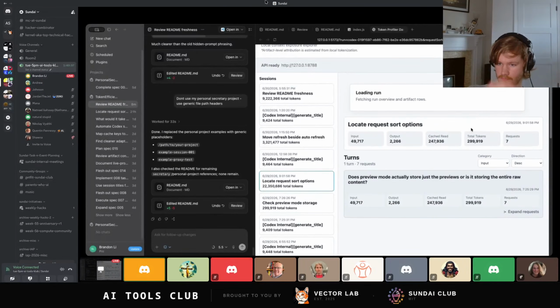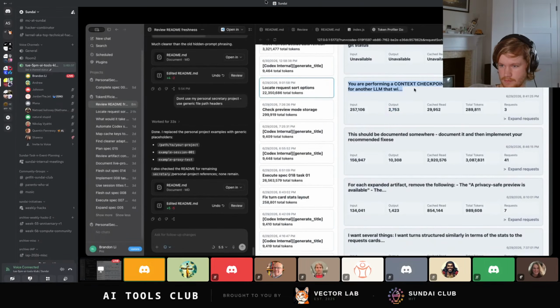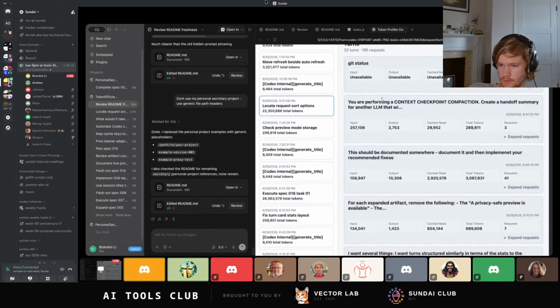Right here, you are performing a context checkpoint compaction. That's an internal Codex request, and it is actually burning the most tokens in this specific session.